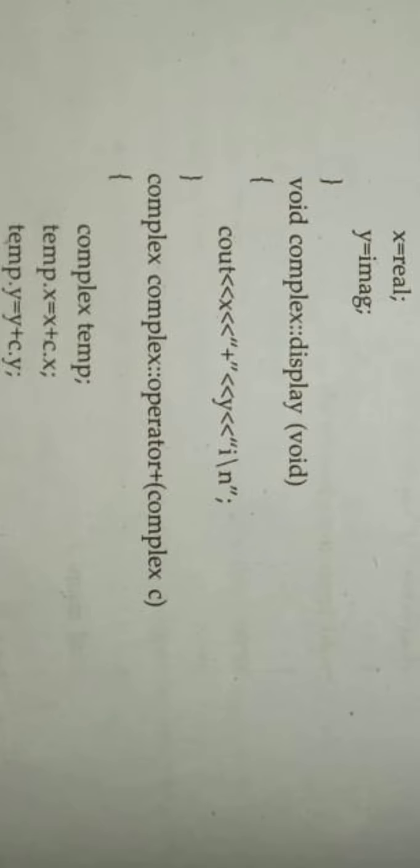See, the return type is Complex, then the class Complex, then the scope resolution operator, then the operator keyword, then the actual operator plus sign, and Complex c. As it is a binary operator, we require at least one argument, which should be of class type. So we are taking this argument Complex c as a class type argument and using it in the operator function.